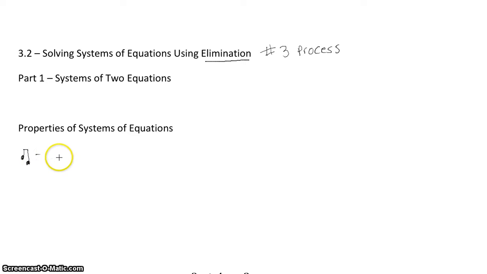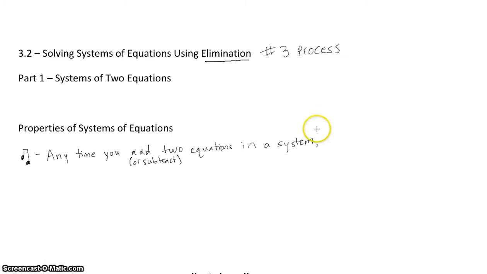The first one is that anytime you add 2 equations in a system, and I should put or subtract, so one or the other, what we get is a new equation.